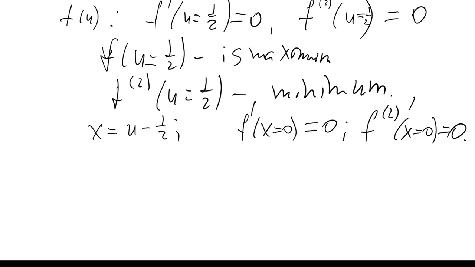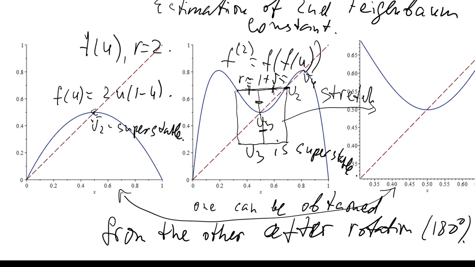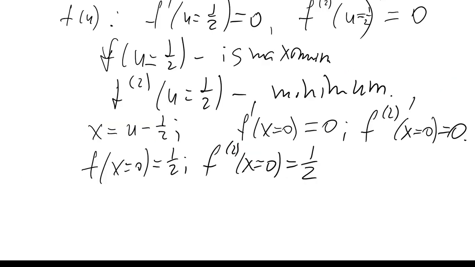Furthermore, we can note that f when x is 0 equals half, and the second iterate when x is 0 is also equal to half. It is because we have a superstable fixed point in both cases, as we see here. This is superstable, and this is superstable, so this is half and this is half.